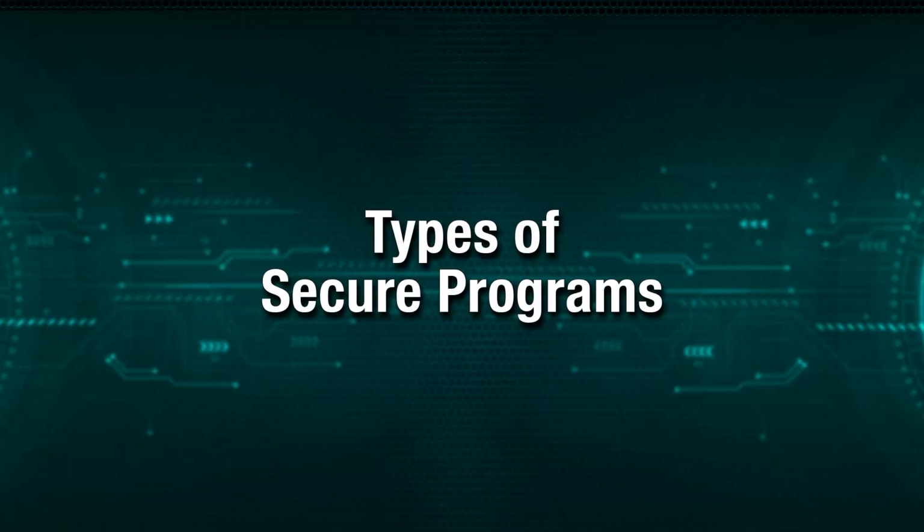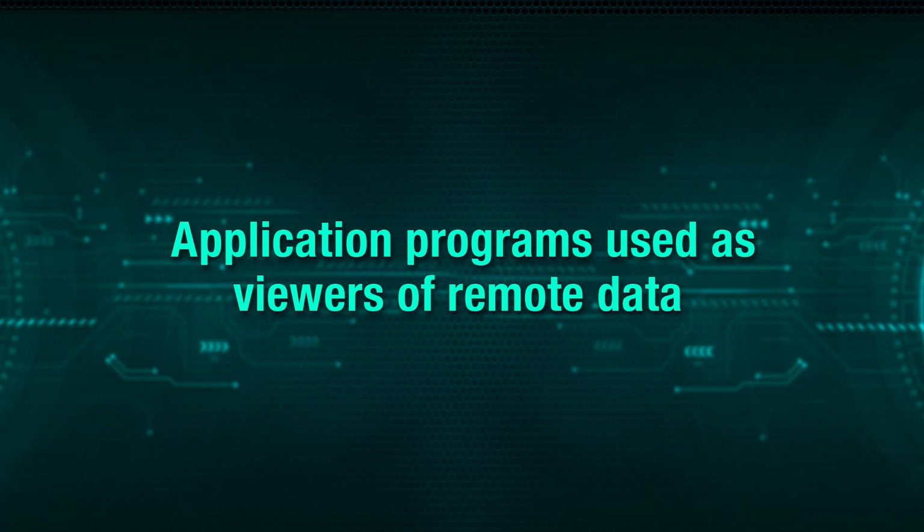Types of secure programs. Many different types of programs may need to be secure programs. Some common types are application programs used as viewers of remote data. Programs used as viewers, such as word processors or file format viewers, are often asked to view data sent remotely by an untrusted user.